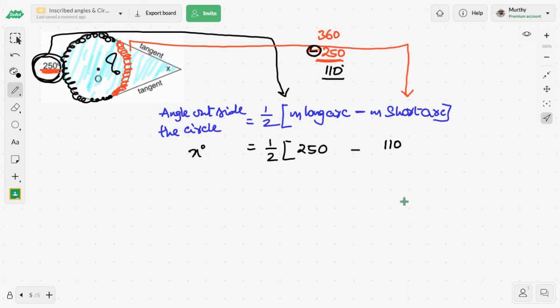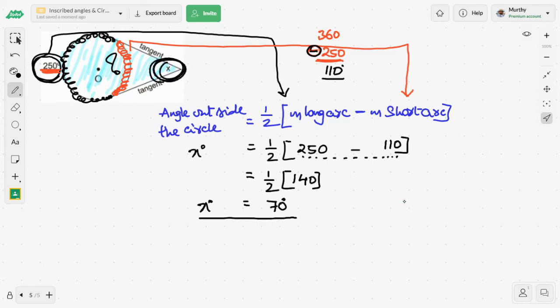Therefore, the measure of this one equals 110. So let me use my PEMDAS technique. 250 take away 110 is 140 degrees. Now half of 140 degrees gives me 70 degrees. That's the measure of x, which is the outside angle of the circle, that is 70 degrees. Okay, questions on this?